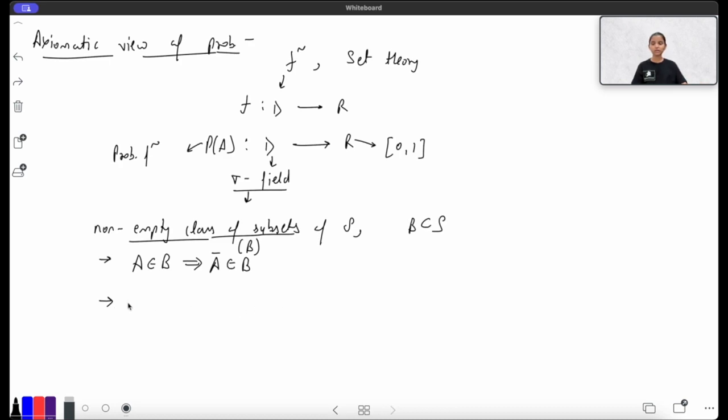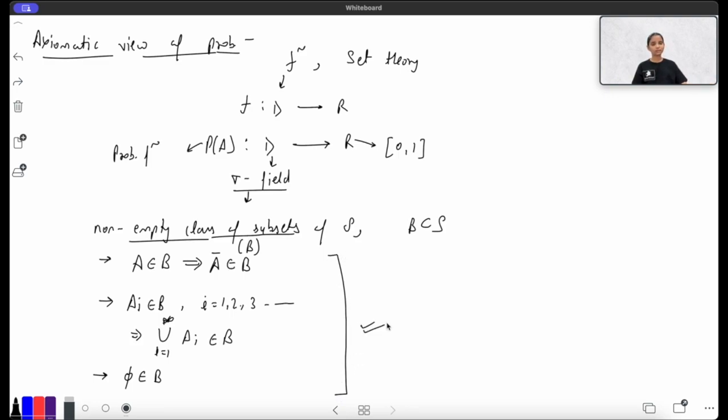Countable union means that if I have A_i, so many possible outcomes, belonging to B for i equals 1, 2, 3, and so on, then the union of all these events up to infinity would also belong to B. The third thing is that the null event phi would also belong to B. So when we talk about a sigma field, we are talking about a subset of the sample space satisfying these three properties. That is my sigma field.